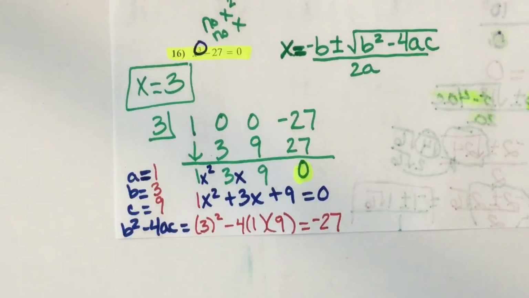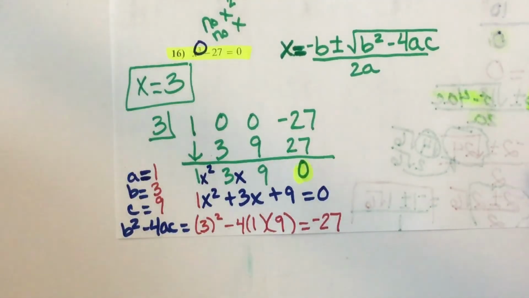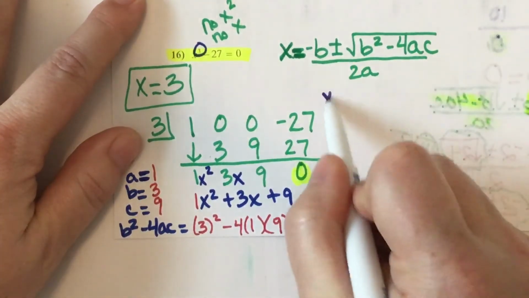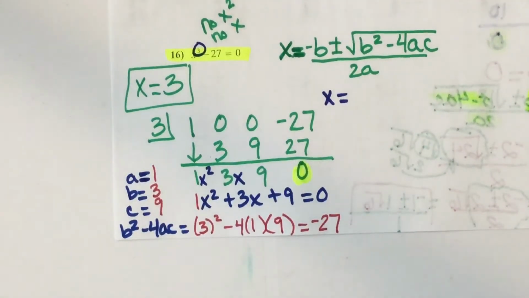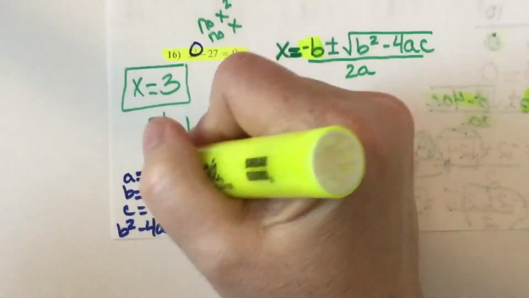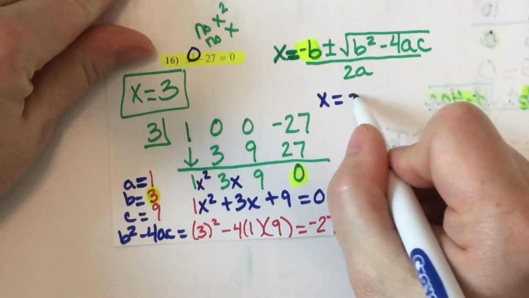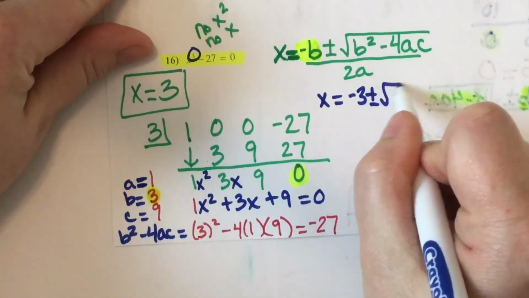Okay, so I'm just going to go ahead and work through the quadratic formula with you, because several of you might have really struggled with this if you forgot the 2 zeros in the synthetic division. All right, so remember it goes x equals the opposite of b. So tell me, when you go to find the opposite of b, what's the opposite of 3? -3. Plus or minus square root.